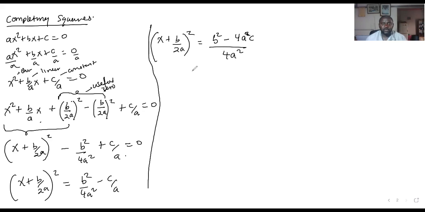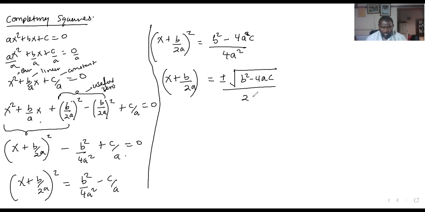Then when you get the square root on both sides, you'll get x plus b out of 2a is equal to plus or minus the square root of b squared minus 4ac, all divided by 2a.